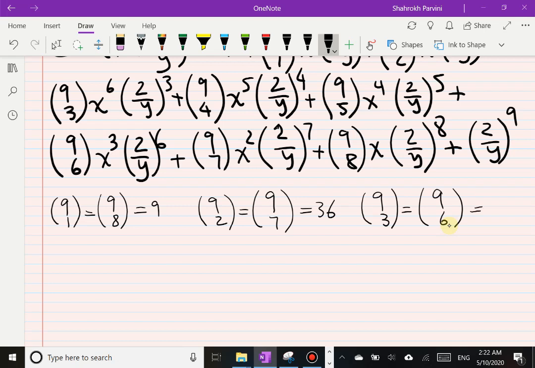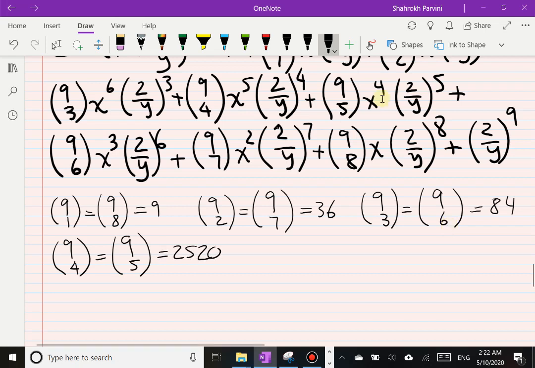That number turned out to be 84. I use my TI calculator, folks, for this. The nCr of 9 choose 4 and 9 choose 5 would be the same for this. I got 2,520. Okay, just to make sure, that's 9 choose 5. Oops, actually, sorry, I didn't do that right. 9 choose 5, that's 126.